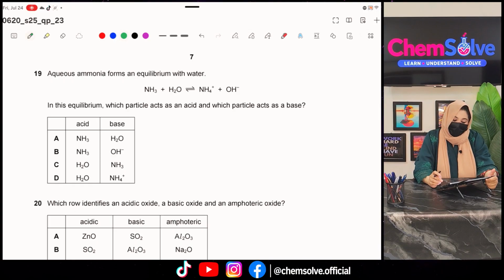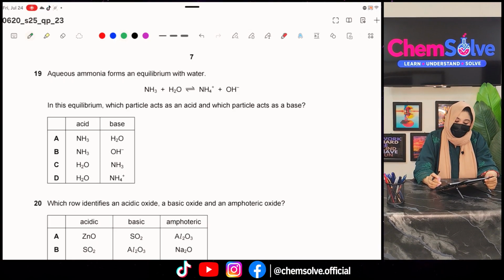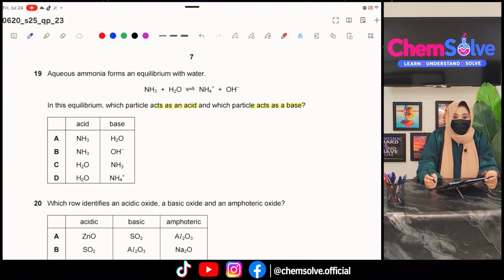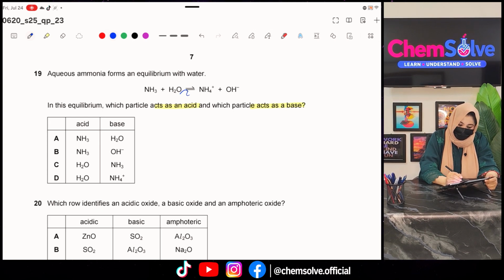So question number 19. Aqueous ammonia forms an equilibrium with water. In this equilibrium, which particle acts as an acid and which particle acts as a base? Okay. So what is happening? Water is donating H positive.